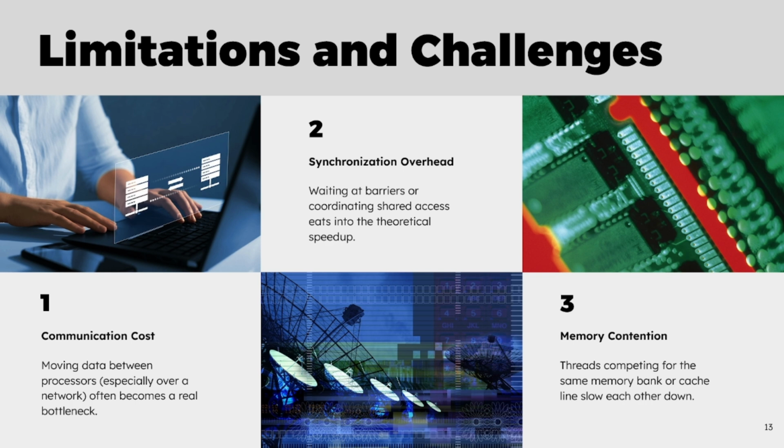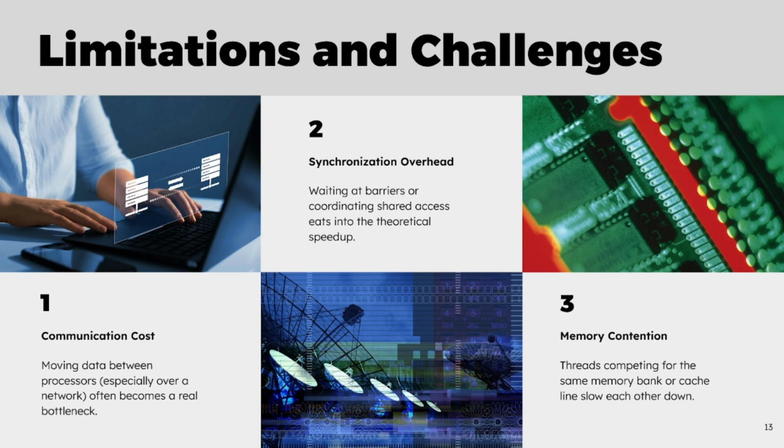Memory contention can slow things down too, when many threads are competing for the same memory bank or cache line. An uneven workload distribution, where some processors finish early and sit idle while others are still working, can quietly waste a lot of your available parallelism.